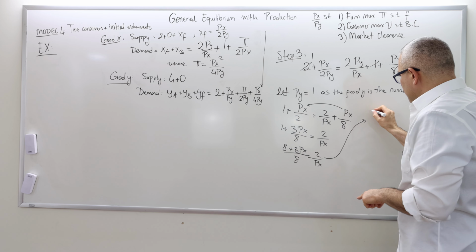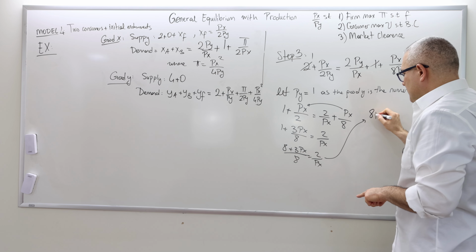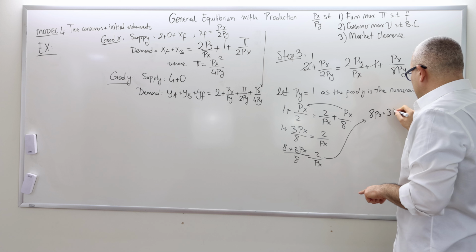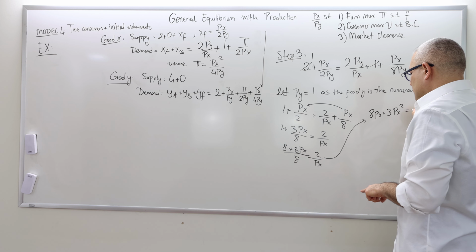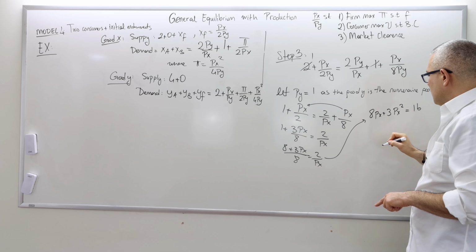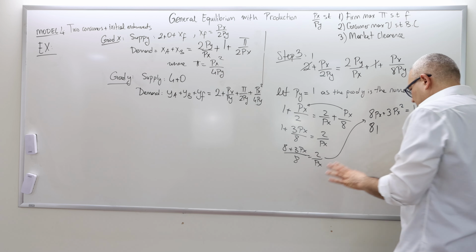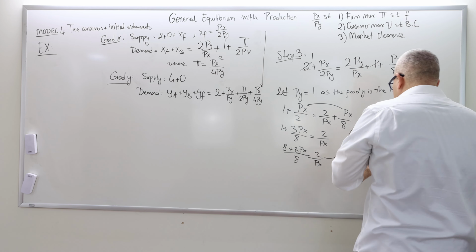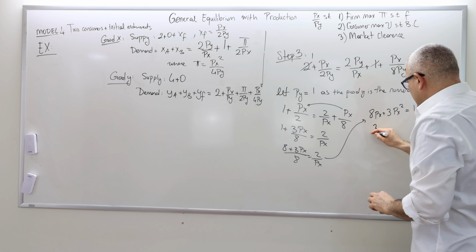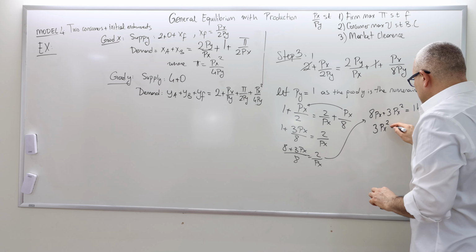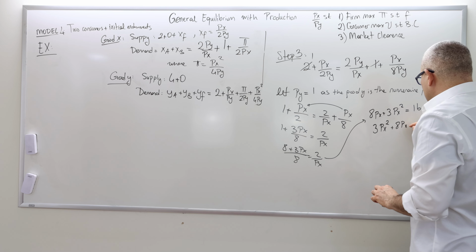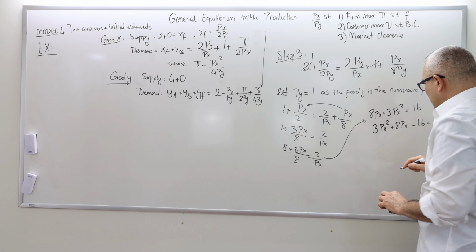It's going to be 8PX plus 3PX squared equals 16. Well, this is not something nice. So therefore, what I have is 3PX squared plus 8PX minus 16 equals 0.